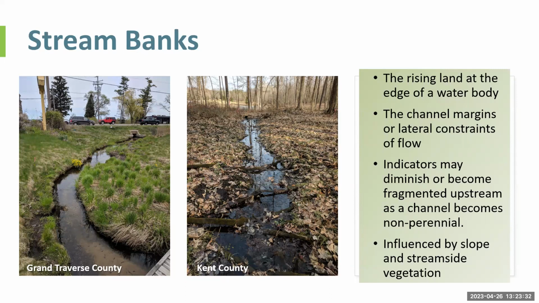As with the stream bed, indicators for stream banks may diminish or become fragmented upstream as a channel goes further up into the watershed or as a channel becomes non-perennial. These stream banks are often influenced by the slope that's present and also what types of streamside vegetation you might have.